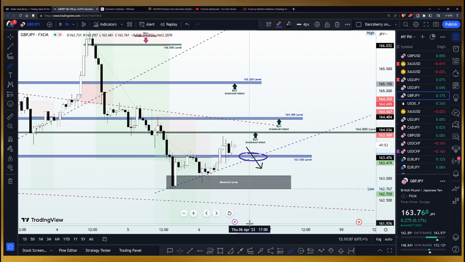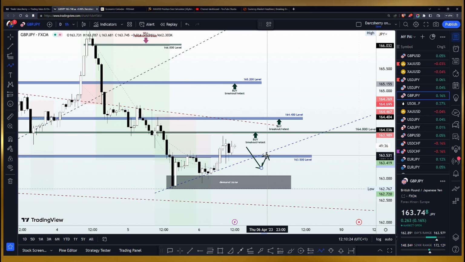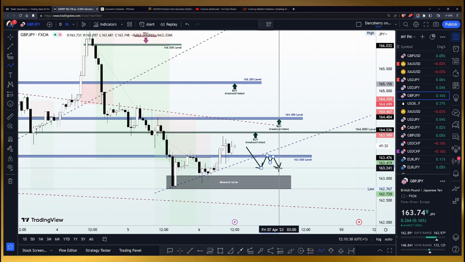And remember, we are not going to be getting too excited at this point, as we still need some confirmation to happen, which is going to be reflecting on the chart in the form of a retest of the trend line or the 163.500 level, where buyers find it difficult to climb above the structure. Then we are going to be looking out for opportunities to sell.